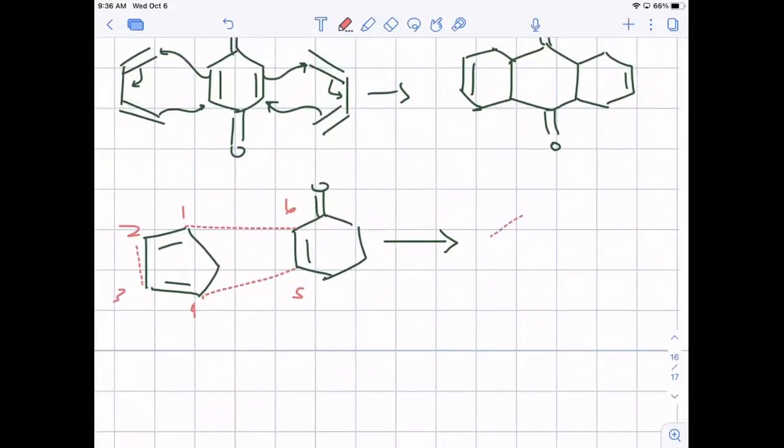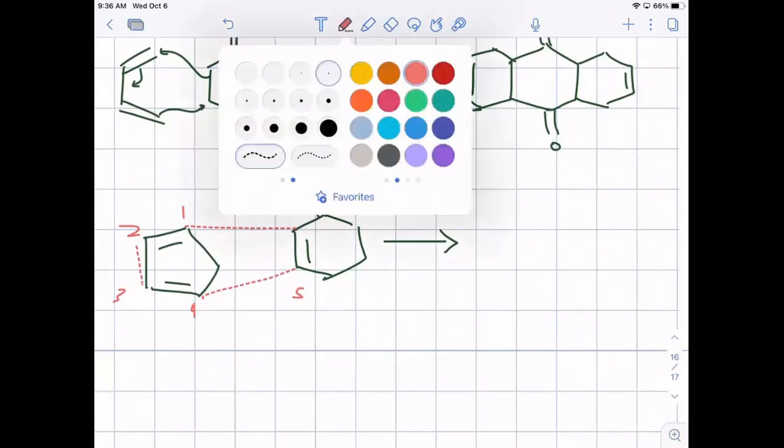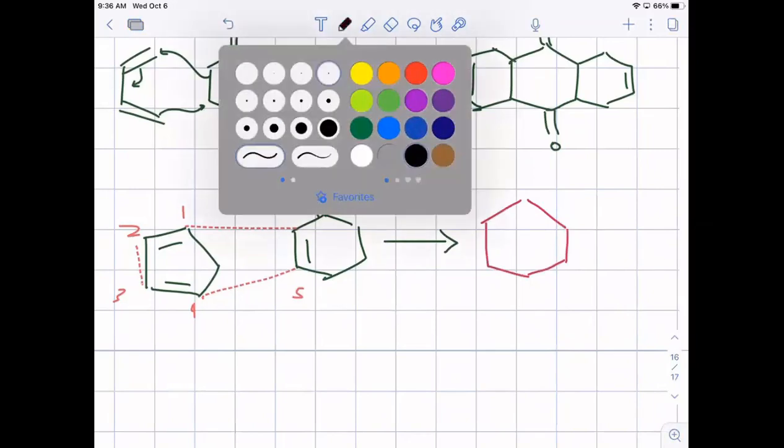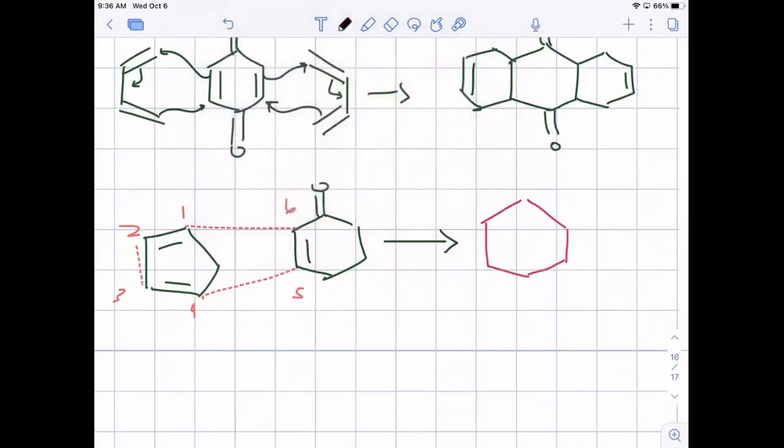So let me just draw it this way. Uh-oh, don't want to do that. Let's do this. So this is my 6-member ring. And then that's connected to this, like so. Are y'all following?